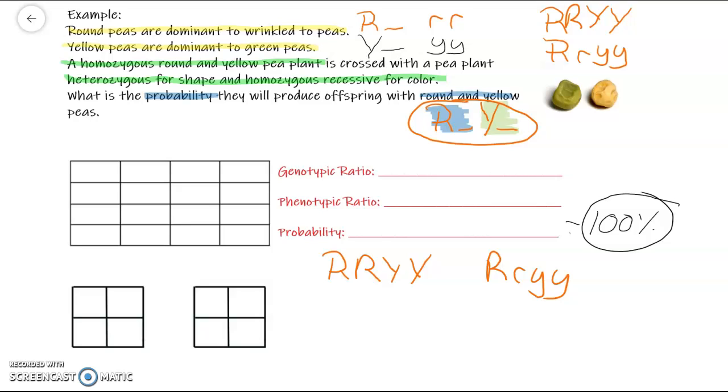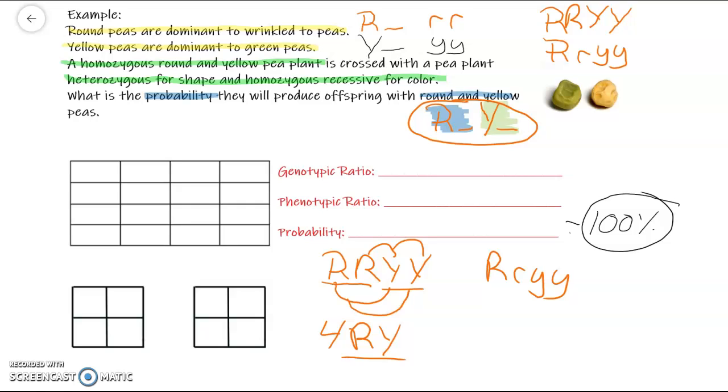So the first parent is homozygous for both genes. I could take the time to FOIL it, but every outcome is going to produce the same thing, a big R with a big Y. That's the only type of gamete that particular parent can produce.